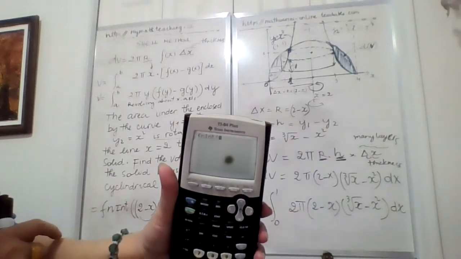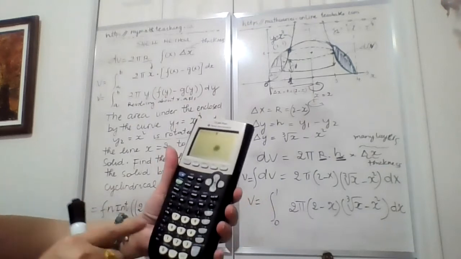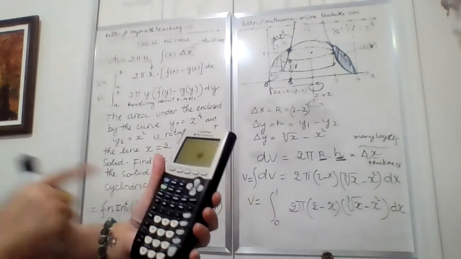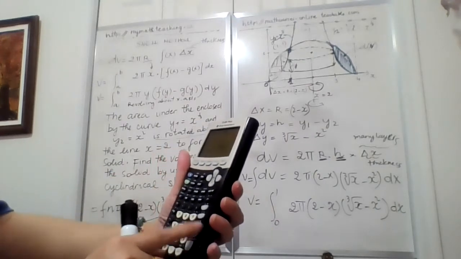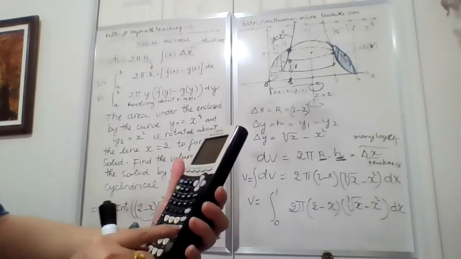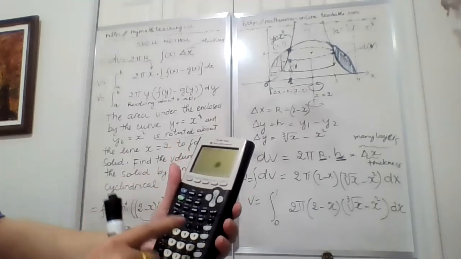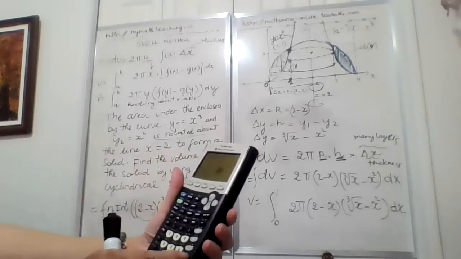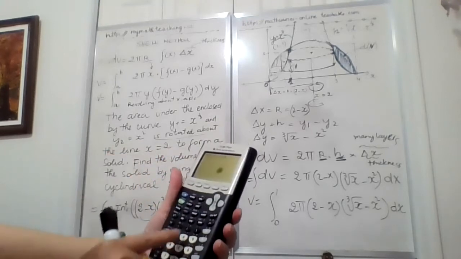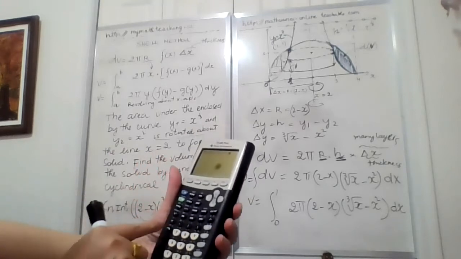So it shows you that, right? Now I'm going to open another bracket and put in 2 minus x. That's the radius of the cylindrical shell, actually. So 2 minus x, close the bracket, open another bracket.